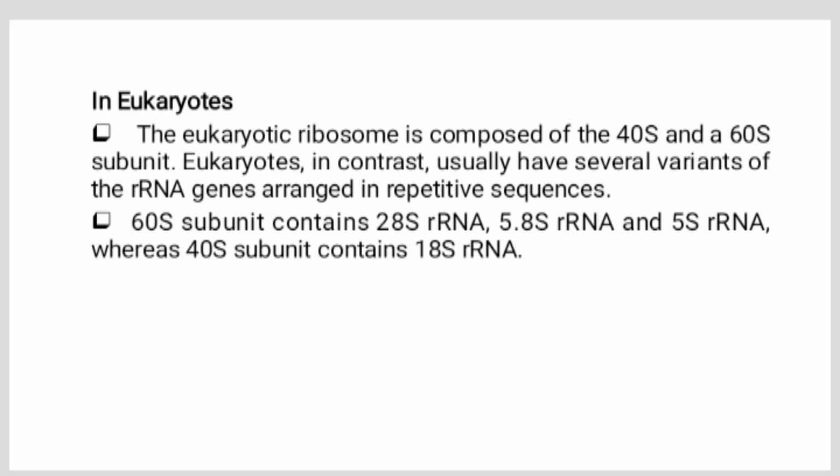In eukaryotes, there are the 60S as well as the 40S subunits. They usually have several varieties of rRNA genes arranged in repetitive sequences. The 60S subunit contains 28S rRNA, 5.8S rRNA, 5S rRNA, whereas the 40S subunit contains 18S rRNA.